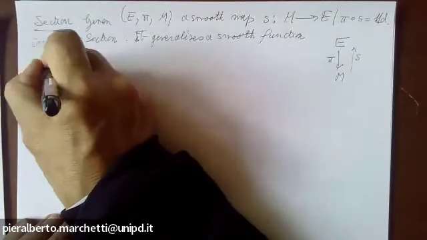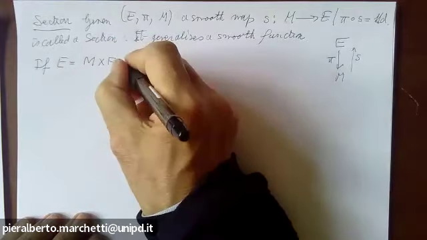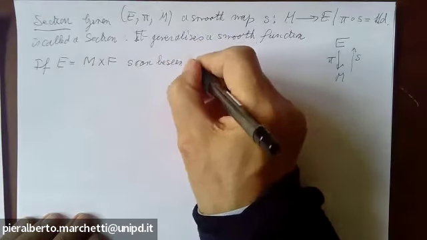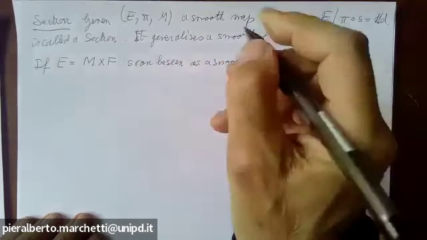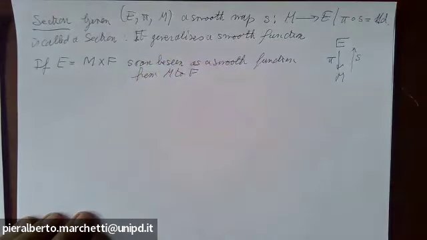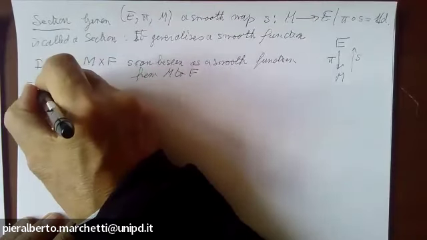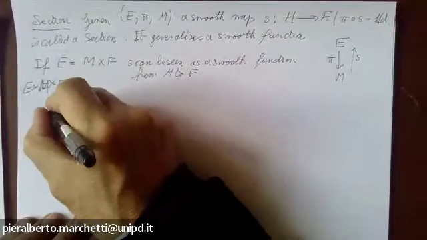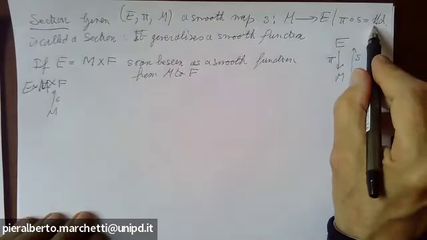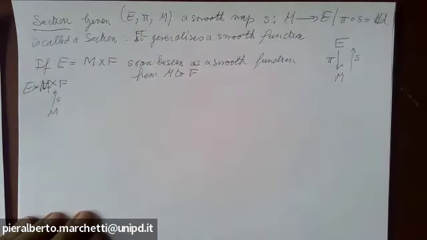Let's suppose that E is trivial, so it's just M times F. Then, of course, this map s can be seen as a smooth function from M to F, because remember, in this case, E is isomorphic to M times F. M goes up through the section s, but according to this rule, you do not change the point above which you move on the fiber, because you have this condition.